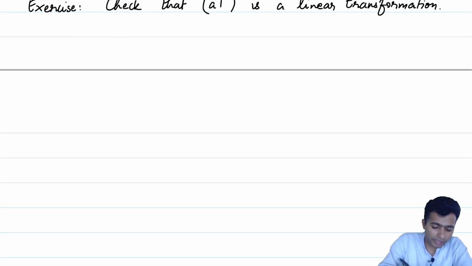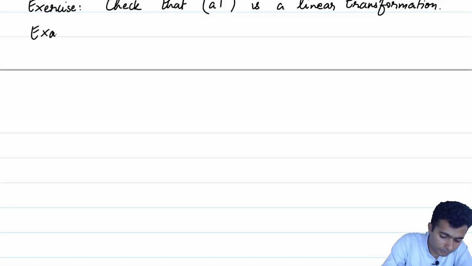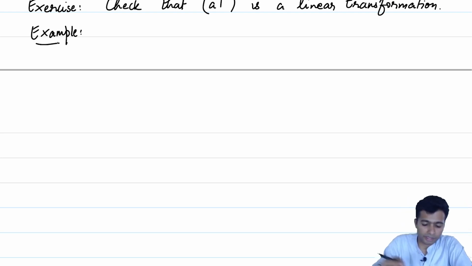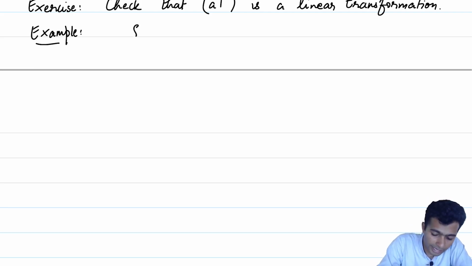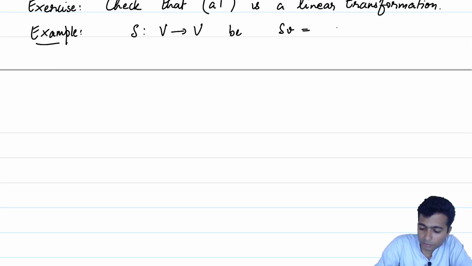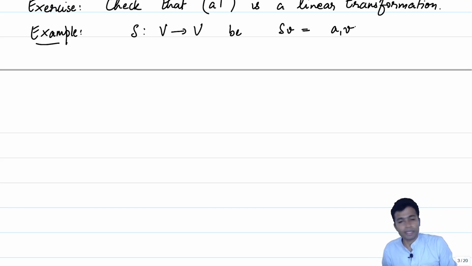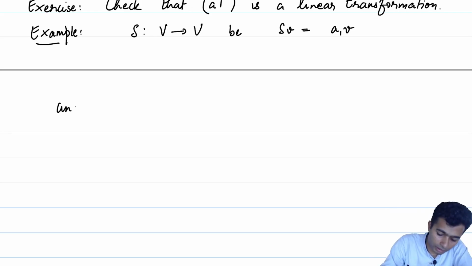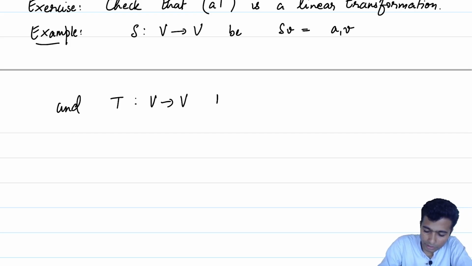Right. So, let us look at an example. Let us take a linear transformation S from V to itself, with S of V being equal to A1 V. It is a dilation by A1, and let T from V to itself be T V equal to another dilation.